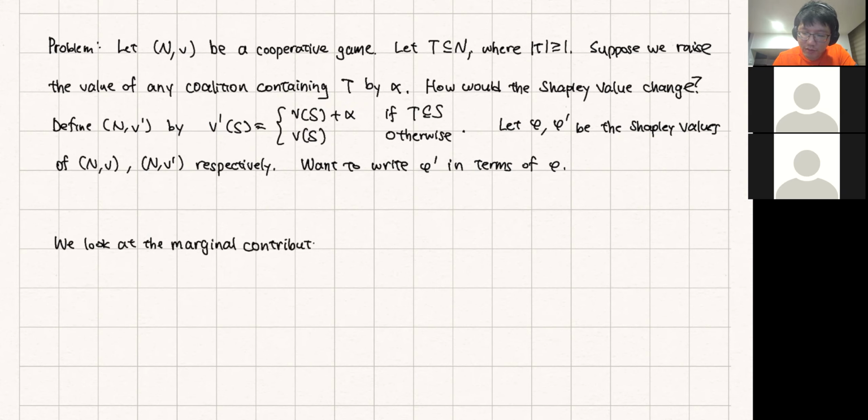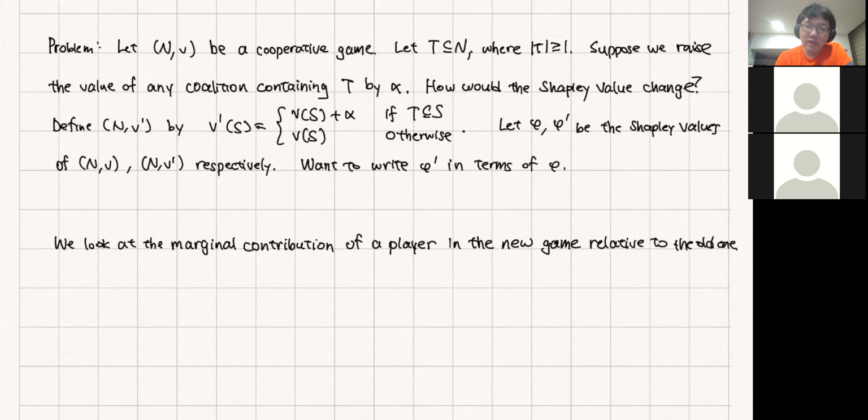So we're looking at the marginal contribution of a player in the new game relative to the old one.